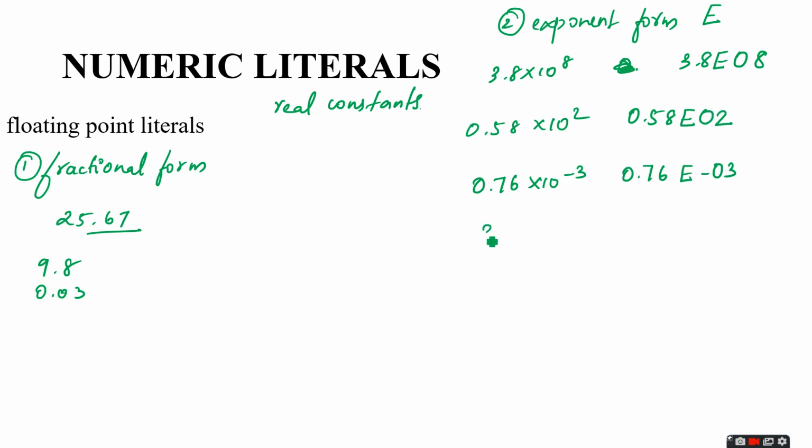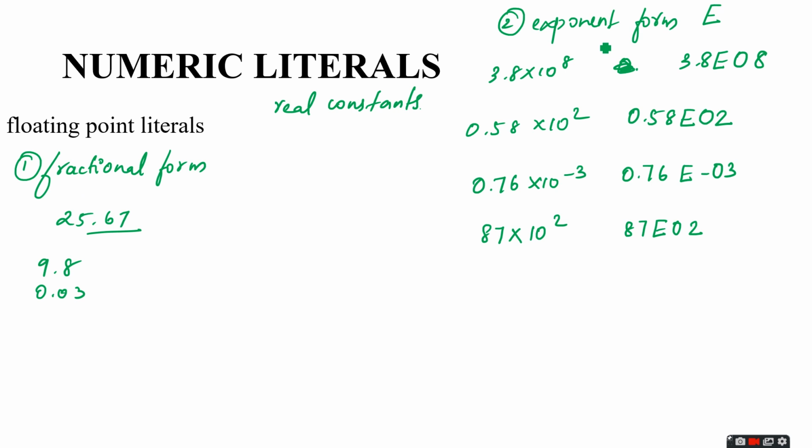Or if you are writing like this, 87 into 10 raised to 2, it will be like this, 87E02. So in this way, we can represent the exponent form. So this is the floating point literal. Floating point literals can be represented in two ways. First one is the fractional form and second one is the exponent form.